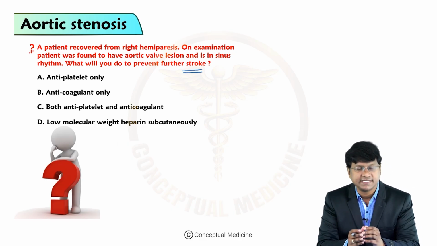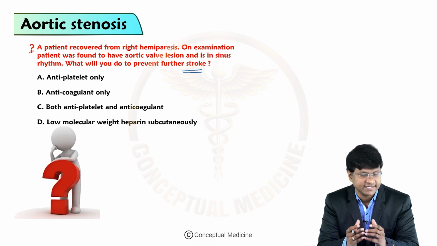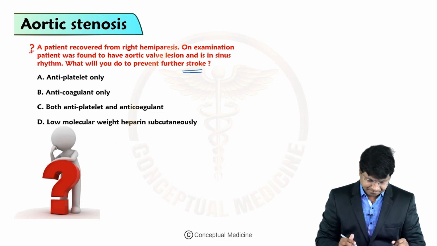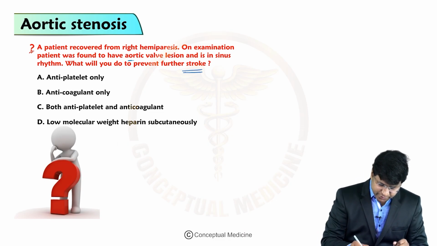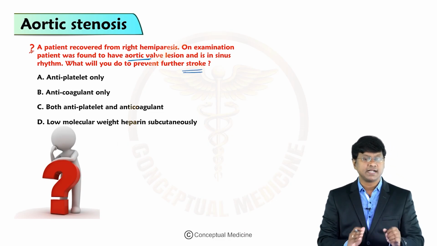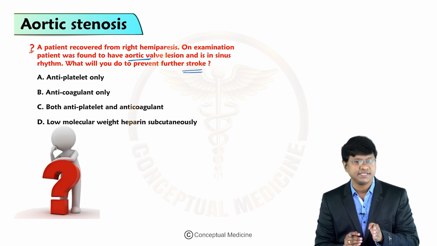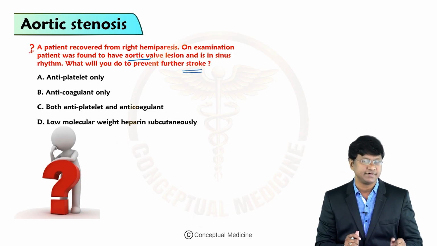Now, see, there is certain data as well as guidelines in which group of individuals you don't require any therapy, in which group of individuals you require antiplatelet like aspirin, and in which group of individuals you require the anticoagulants. See, he is a patient with aortic valve lesion. The guidelines are slightly different from the mitral valve disease to that of the aortic valve disease.